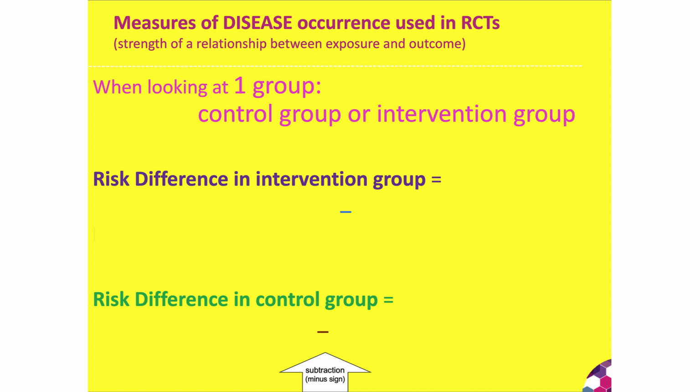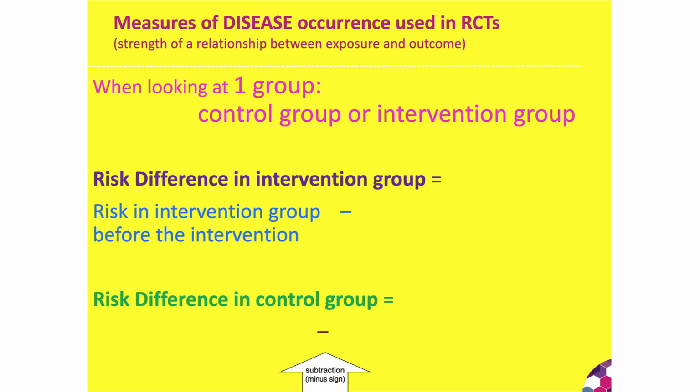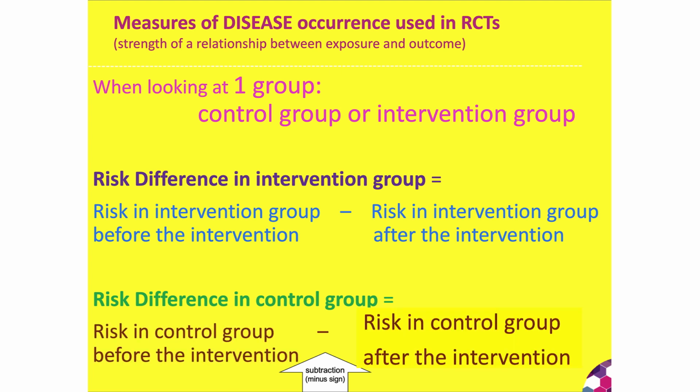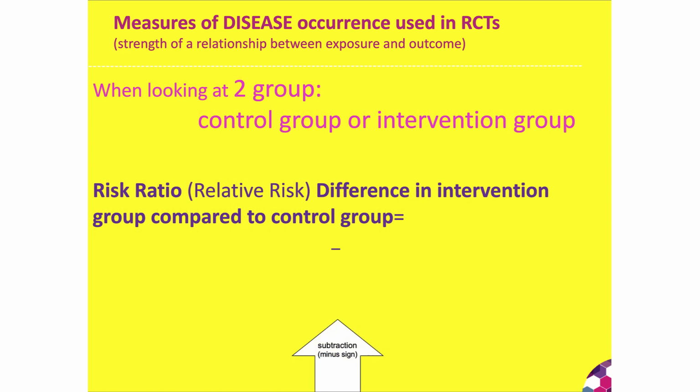And the risk difference is even simpler. It's essentially a subtraction. So the risk in the intervention group before the intervention and the risk in the intervention group after the intervention, or the risk in the control group before the intervention and the risk in the control group after the intervention. And of course that's not that useful. What's more useful is the risk ratio difference in intervention, comparing the intervention group with the control group.